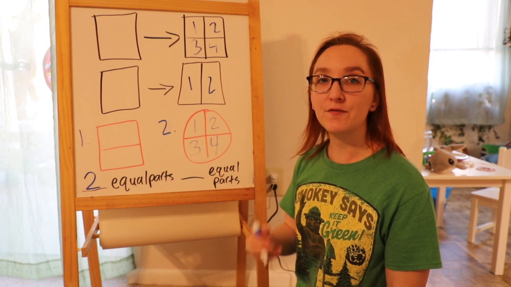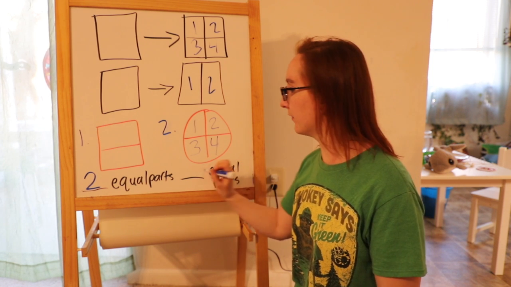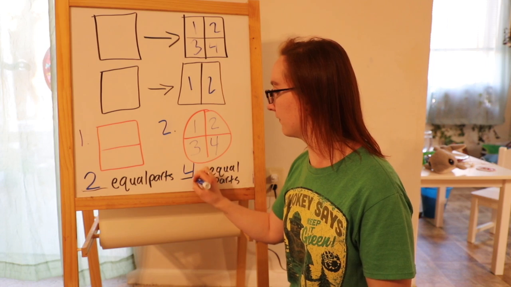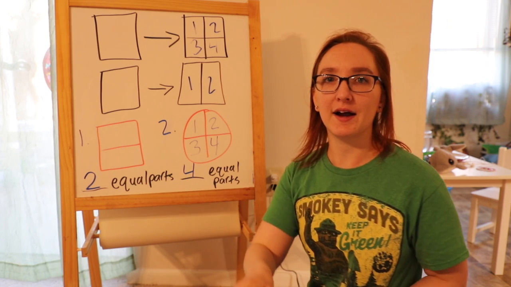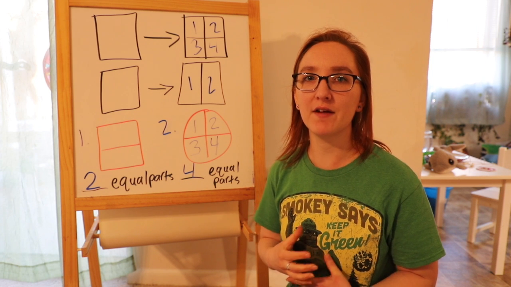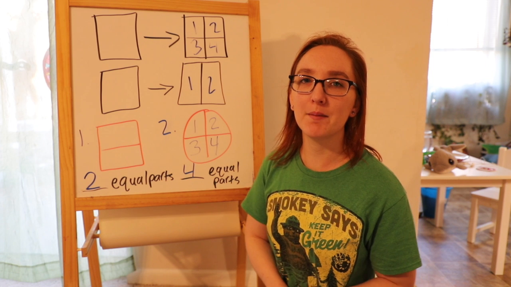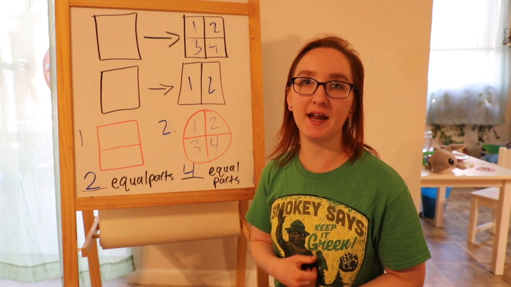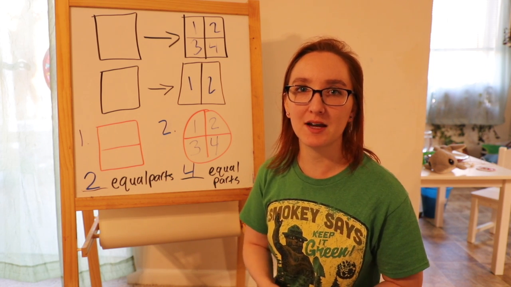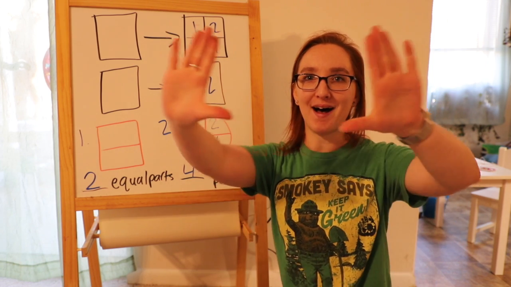So that took 4 equal parts to cut up this circle. So we're going to write 4 on this line right here. Alright, I'm going to take a moment, let you pause and make sure that you have everything written correctly on that page and on the last page. And when you come back, I'm going to have problems number 3 and 4. And then we're going to start talking about what you're going to do on the next page. So ready? Pause.